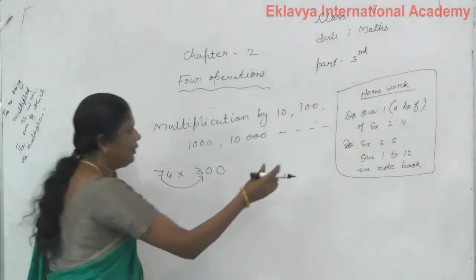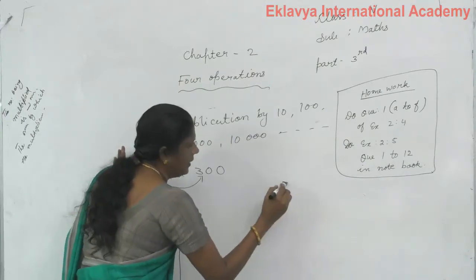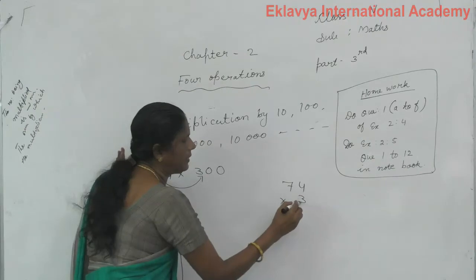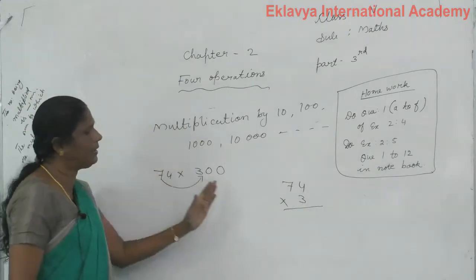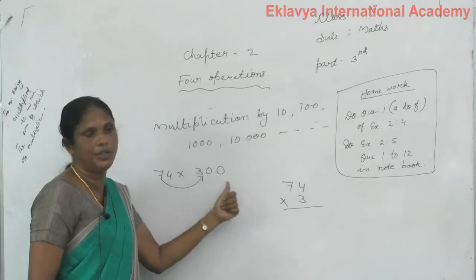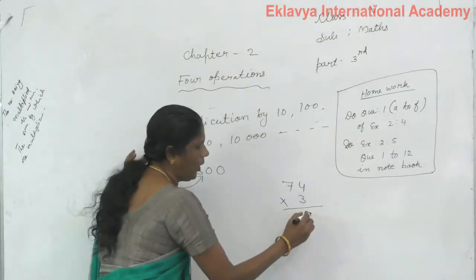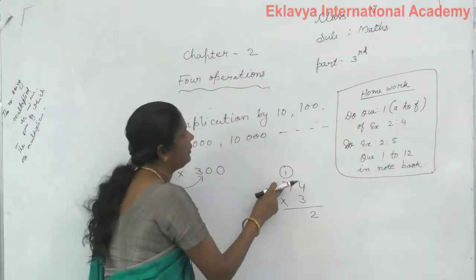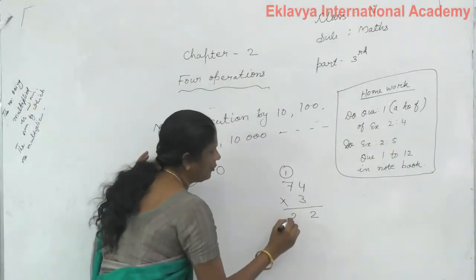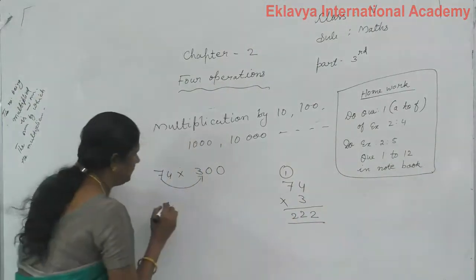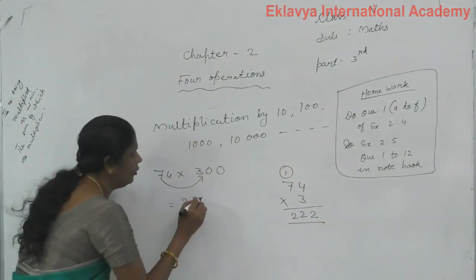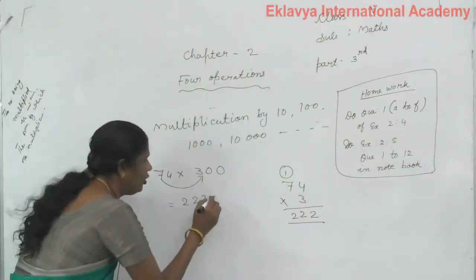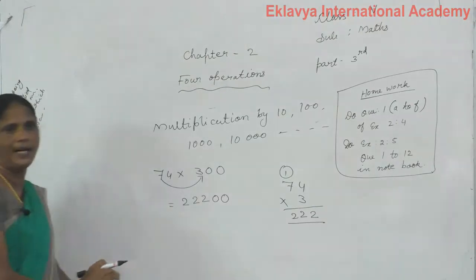Write it on the side of the notebook. 4 threes are 12, carrying 1, 3 sevens are 21, 21 plus 1, 22. Then you write 22. How many zeros here? 2 zeros. You put 2 zeros. Understand?